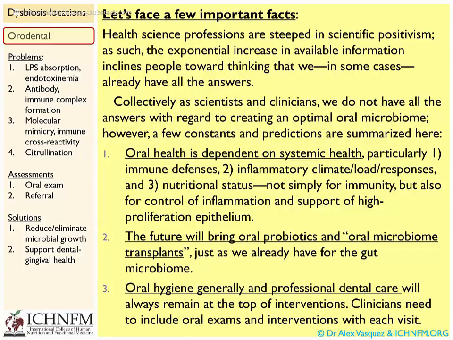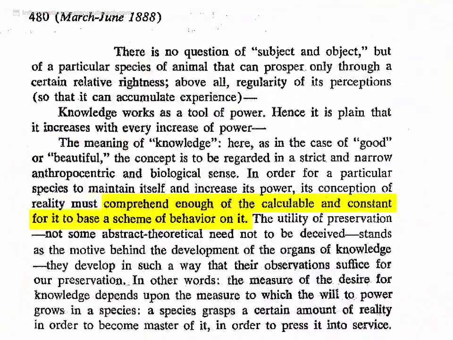Collectively, as scientists and clinicians, we do not have all of the answers with regard to creating and maintaining an optimal oral microbiome. However, a few constants and predictions are summarized here, and you might recall that I started this series out with a quote by Nietzsche where he says, "Our goal in understanding things is to understand enough of the calculable and constant for us to base a scheme of behavior on that information."